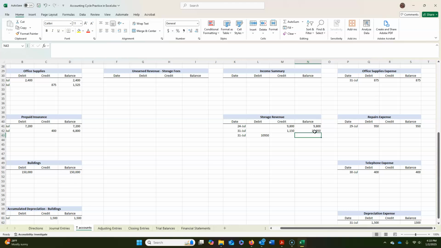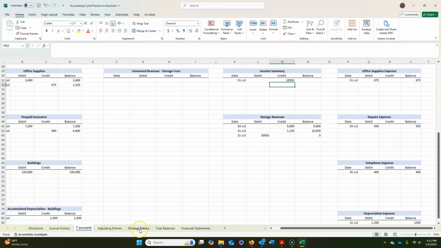So now, minus debits plus credits, we have a balance of $0 in there. And we now have a credit balance of $10,950 in income summary.